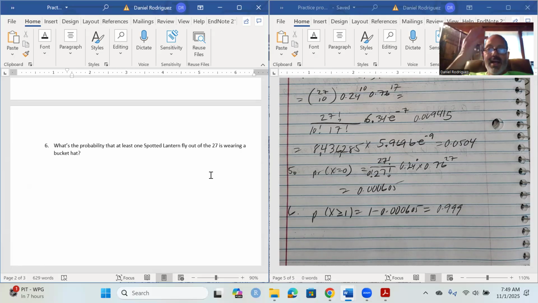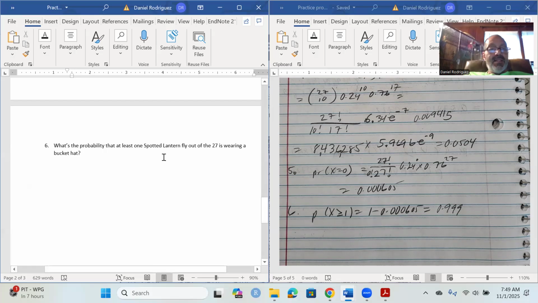My hand would be cramped doing that. But instead, the wise person says, wait a minute, wait a minute. The probability of at least 1 is just the complement of the probability of 0, and we already calculated the probability of 0. We know the rule of complementary events, so we just subtract this from 1 and we get 0.999.